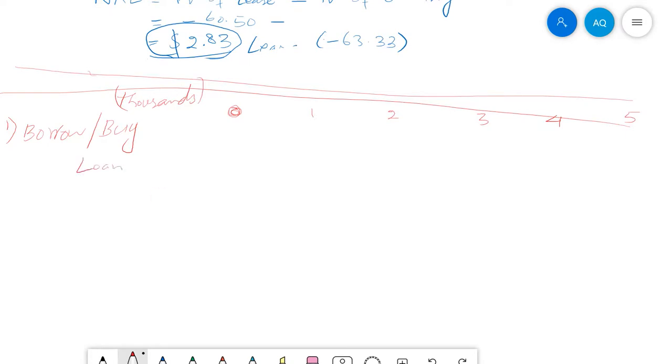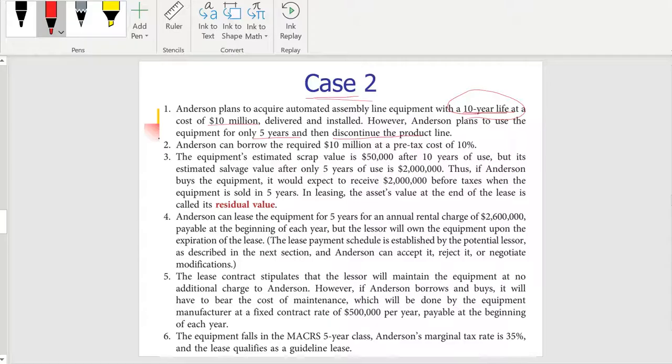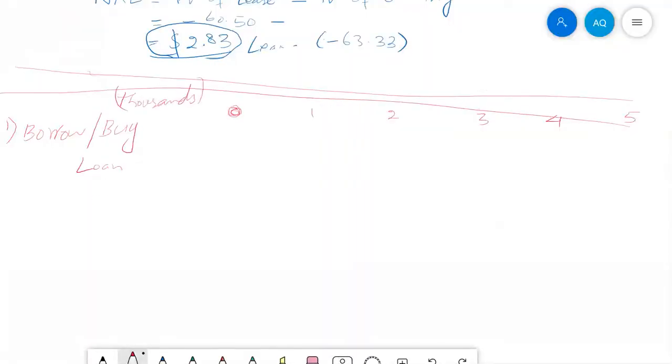So how much loan do we have to take? Our equipment is 10 million, so we have to take a loan of 10 million. This will give us 10 millions. If I write it in thousands, this will be 10,000. So we get 10,000 of money, and then we buy the equipment. This 10,000 will go to the vendor.